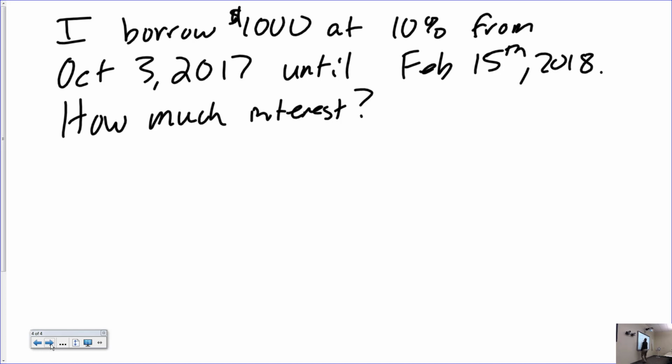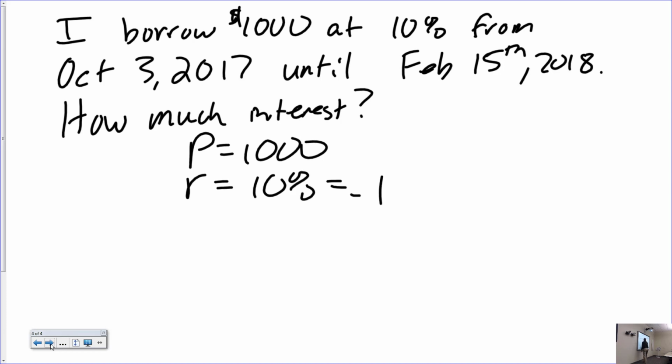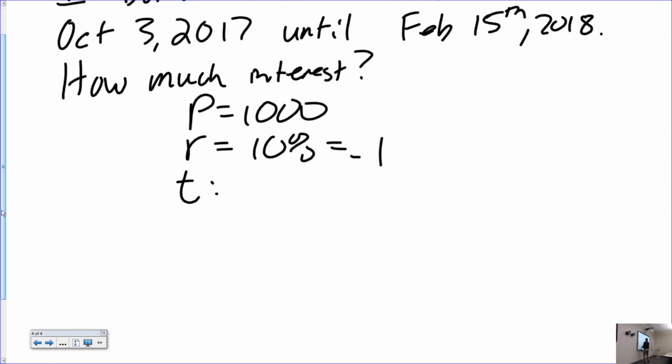So, let's start it off. Always the same way, right? 10%, 0.1. When you go to figure out time, folks, my advice is figure out time for both years. How many days did you borrow in 2017? How many days did you borrow in 2018?